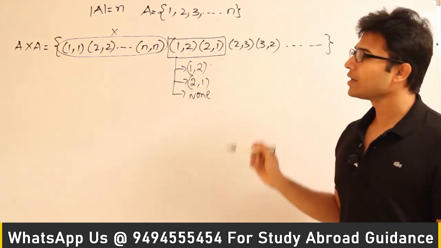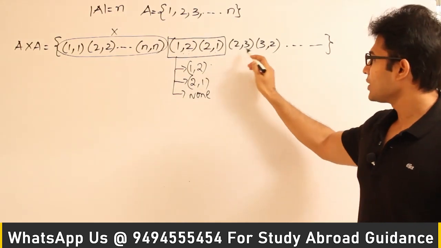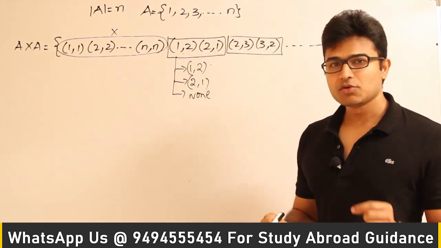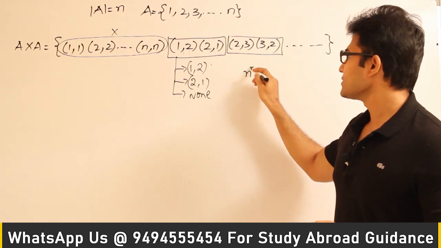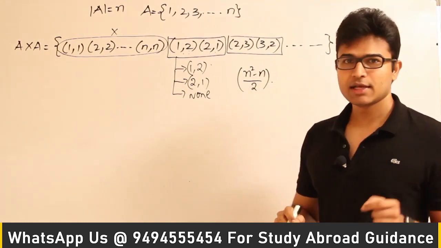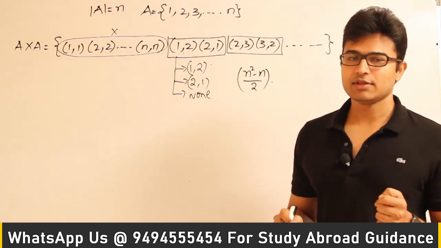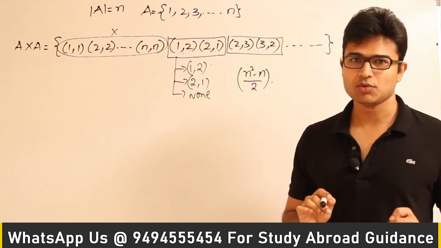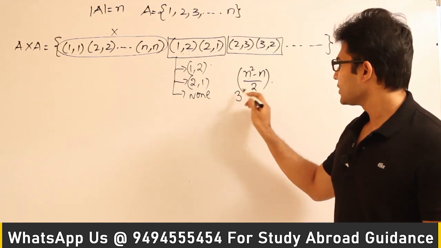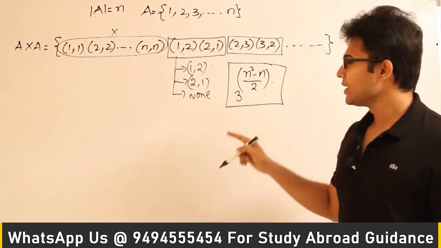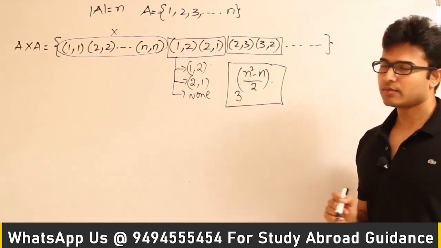Now how many such pairs are there? We know that the total number of pairs possible will be (n square minus n) by 2. Why? The total number of non-diagonal elements is n square minus n. Now if you divide by 2, then we are going to get the pairs. Now each pair is having three cases and the total number of pairs we have is (n square minus n) by 2. Therefore total number of ways we can form asymmetric relations is 3 power (n square minus n) by 2.